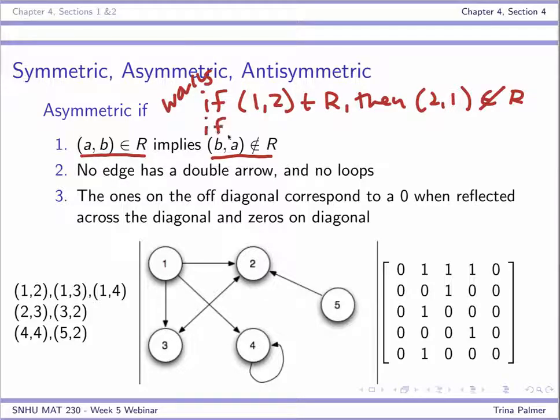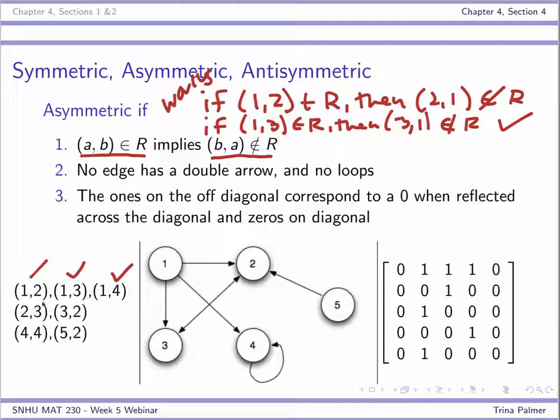So let's try: if 1, 3 is in R, then 3, 1 cannot be in R. That works. 1, 4 also works. That works, that works, that works. But notice 2, 3 and 3, 2: they're in reversed order and they're both there.